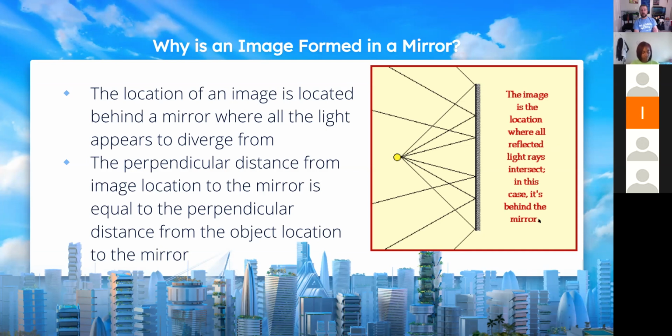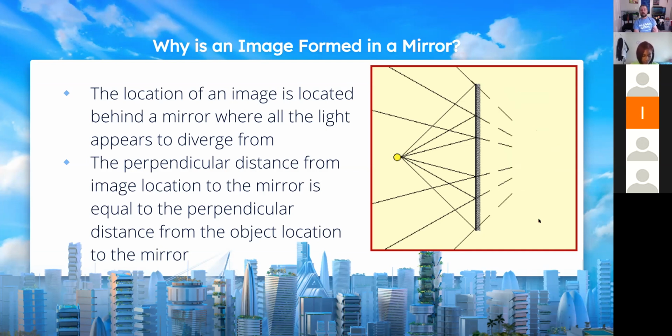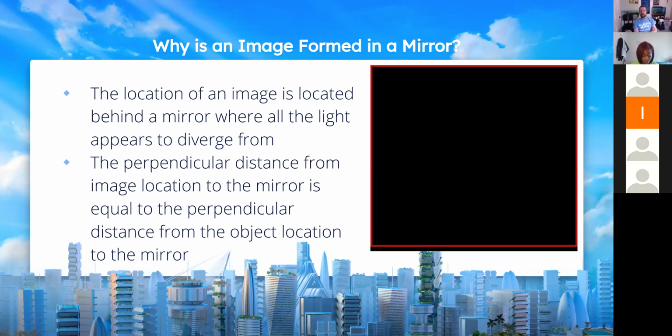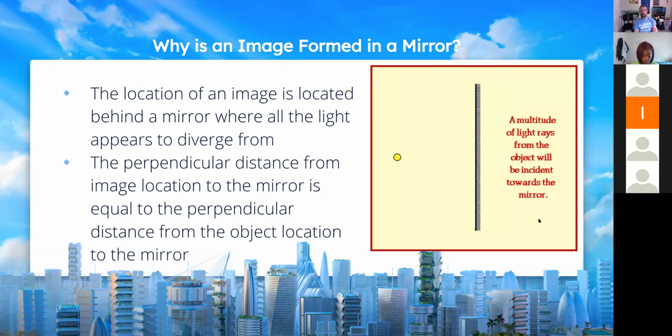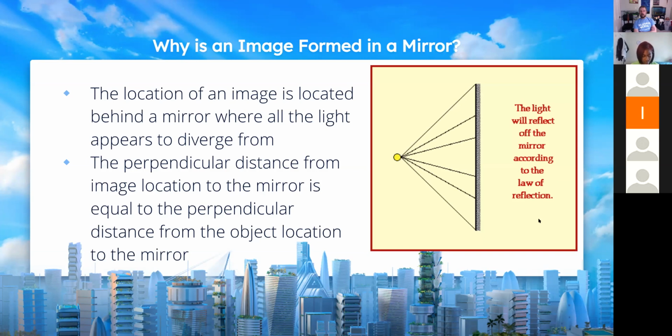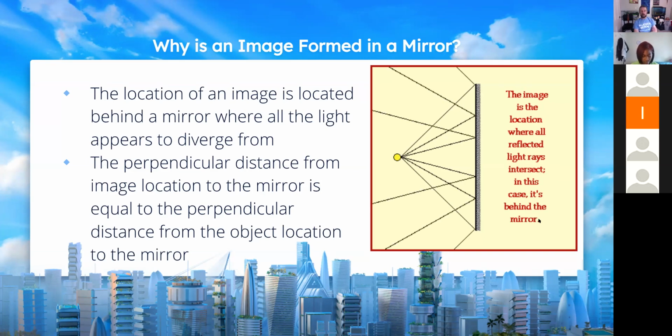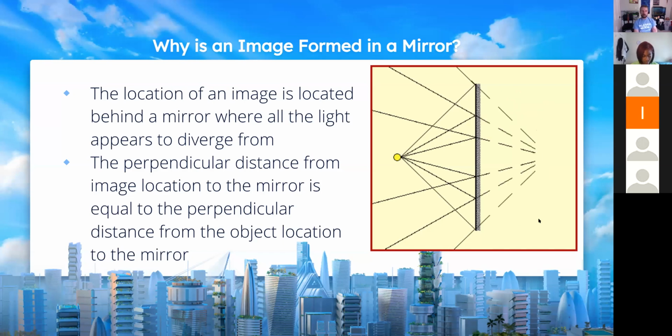The actual light rays are bouncing off that mirror, but because the distance it takes for them to bounce off the mirror has a direct relationship with where the image is, that image will appear to be the same distance from the mirror behind it that it actually is in front of it. If you didn't understand anything of what I said, that's okay. We're going to see it in more detail.